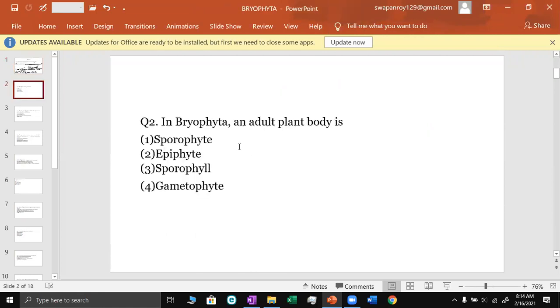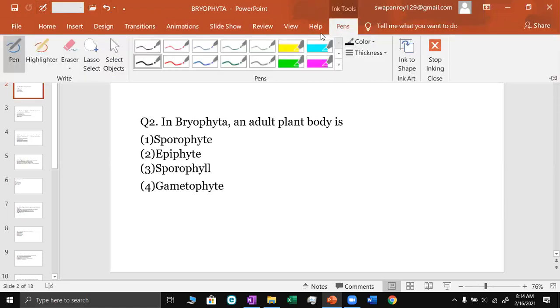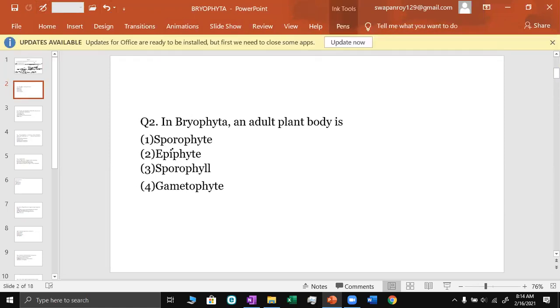Next question. In bryophyte, an adult plant is a sporophyte, epiphyte, sporophyll, or gametophyte? In bryophytes, the main plant body is what?